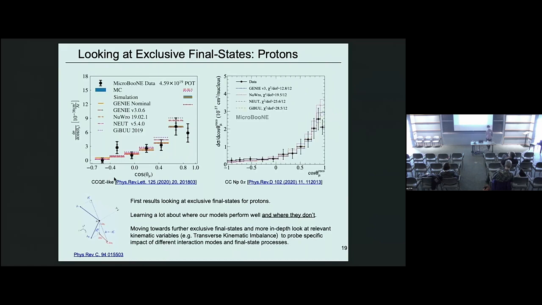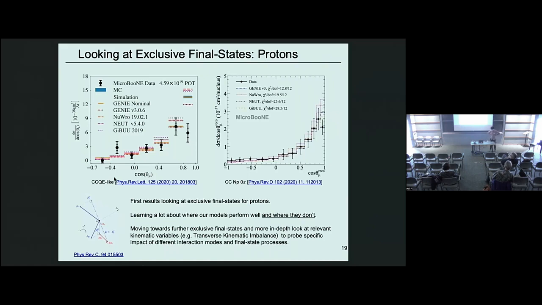I don't think I can say too much on what our deliverable might yet be, or how well we could constrain differences between the two cross-section models, because that's something we still need to study. But to first order, we're just starting to make use of the two data sets together, and we'll see where that leads. Okay, thank you.